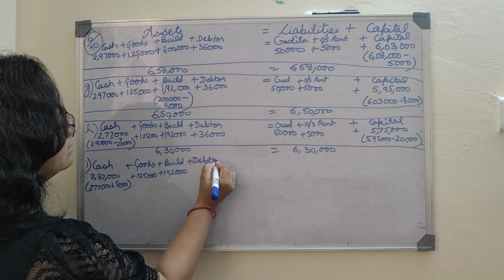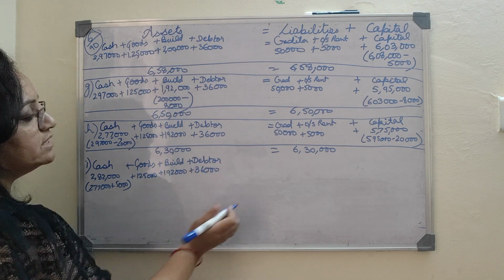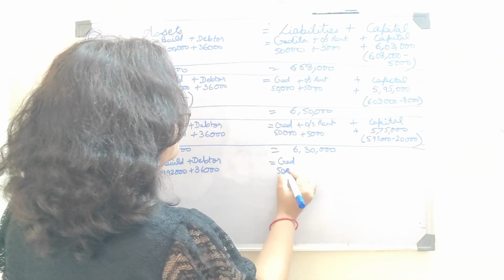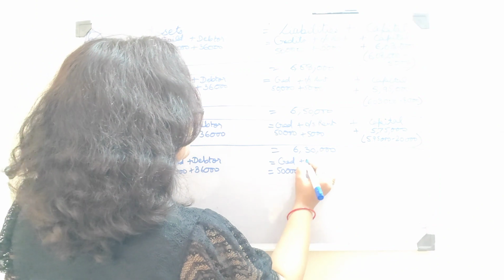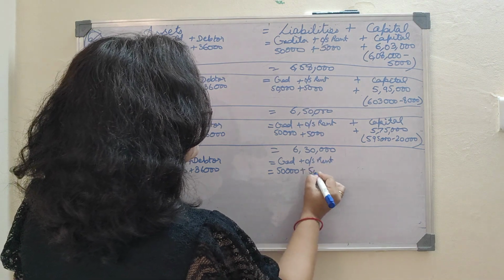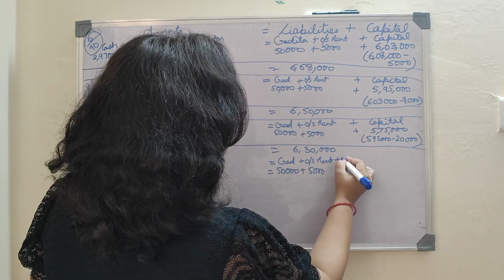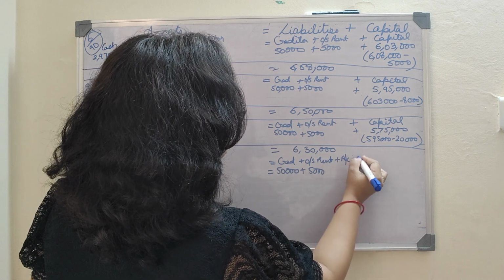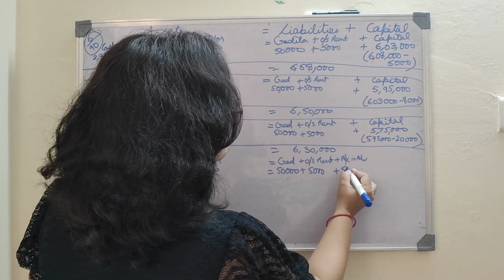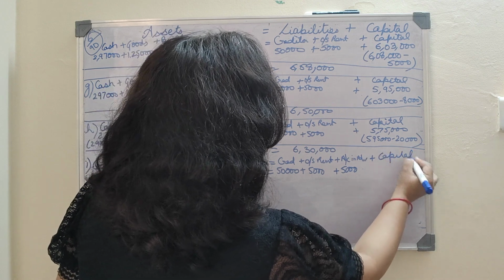Debtor 36,000. Right? Then creditor 50,000. Outstanding rent 5,000 plus this is account in advance, right? So we have received something in advance. It is a gain of 5,000 and capital remains the same.